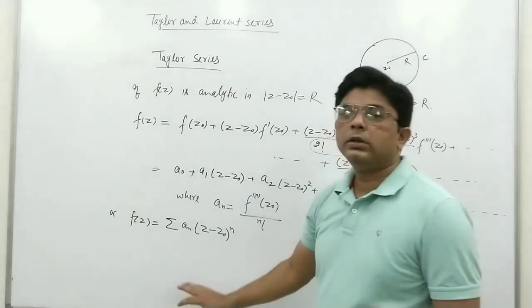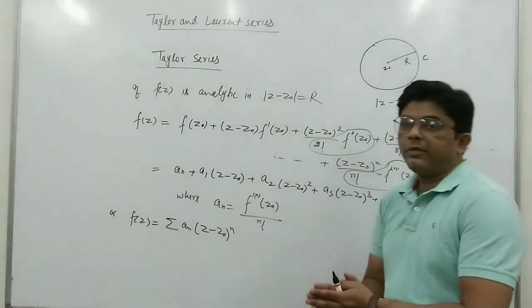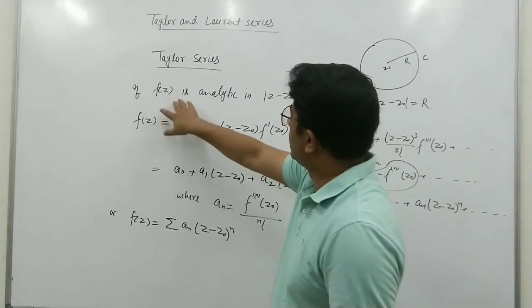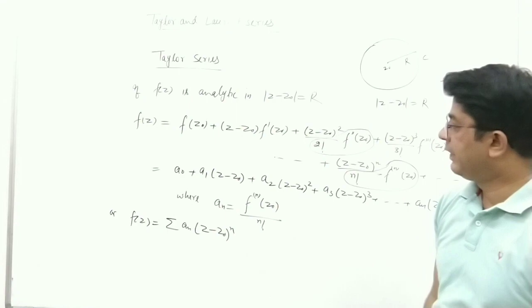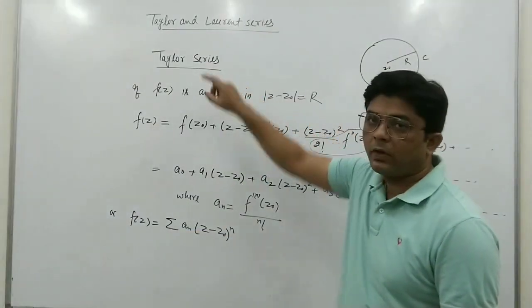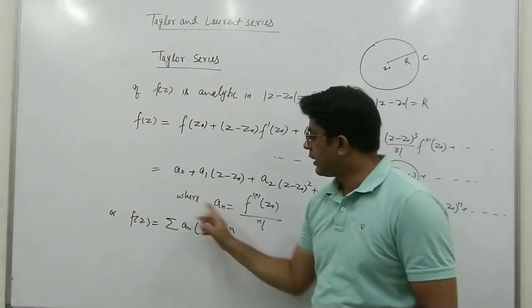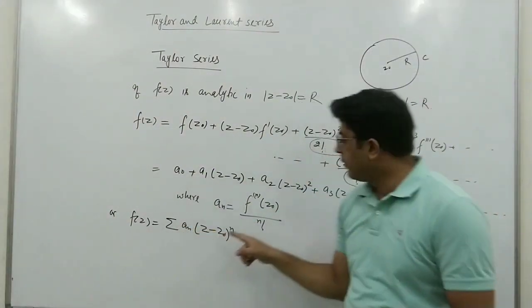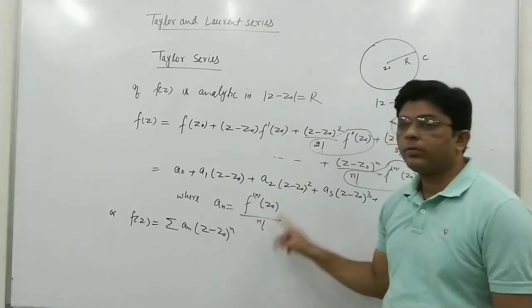It means if we have an analytic function f(z) in some circle of convergence, then we can express it in terms of a power series, and this series is called Taylor series. In Taylor series, these an can be found using the formula: an is the nth derivative at z0 upon n factorial.